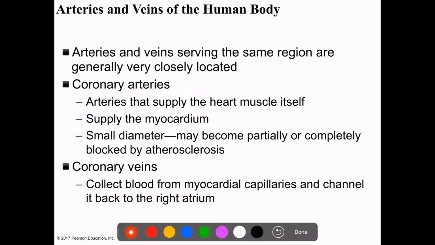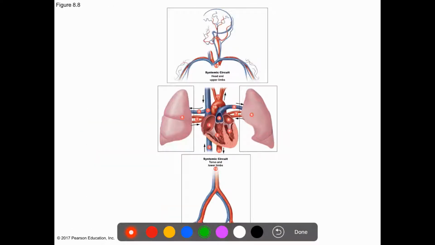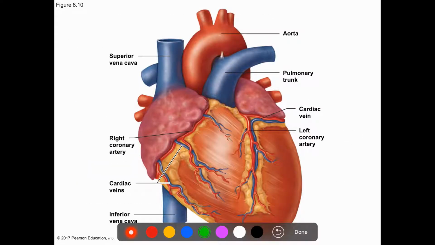Now, we want to talk about the coronary arteries, how the heart itself is getting the blood for its needs. So we are talking about this image. The heart gets its oxygen supply through coronary arteries.